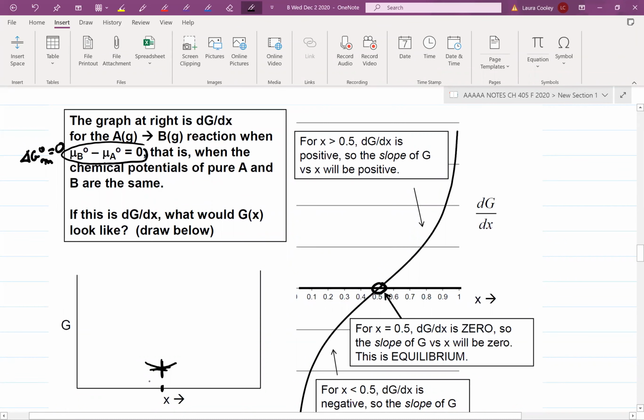But I know that at values of x greater than 0.5, these are all positive, so the slope will be positive on this side. On this side, less than 0.5, these values are all negative. This is the 0; positive is this way, negative is that way. So I'm going to have positive slopes on the right and negative slopes on the left.